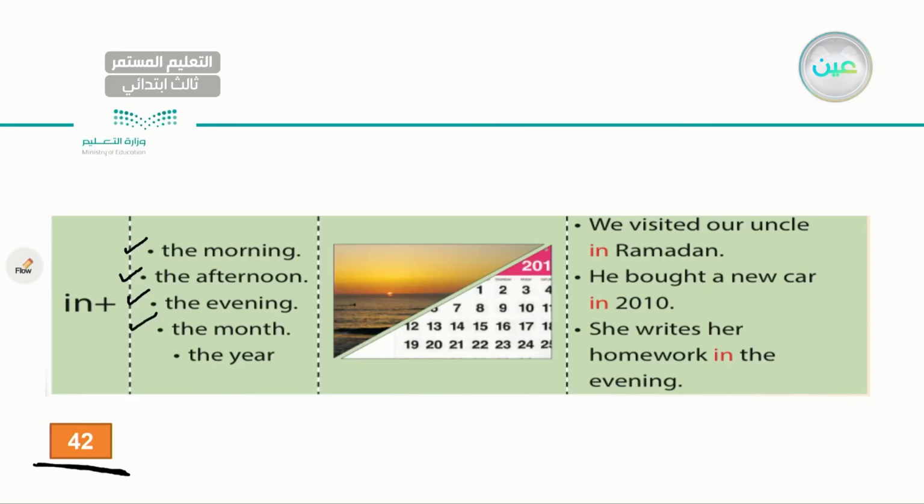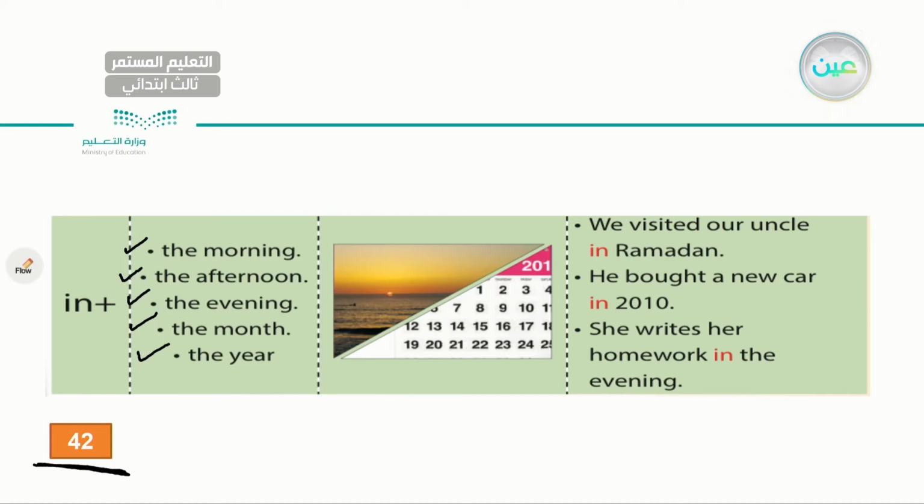The month. What do we mean by the month? So, we can say in June, in July, in Ramadan, in Shawwal, okay? And in the year. Perhaps we can say in 2021, in 1999, okay? So, I use in with the morning, the afternoon, the evening, with months, and when we mention years.